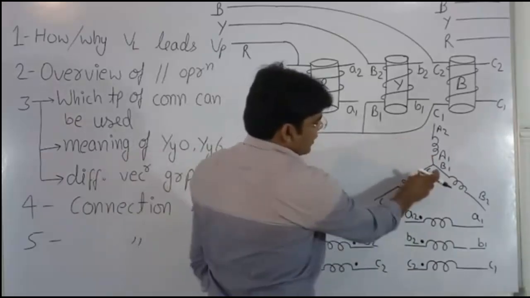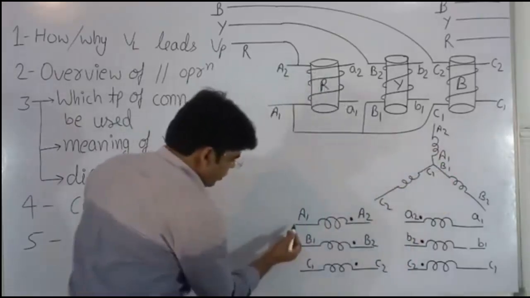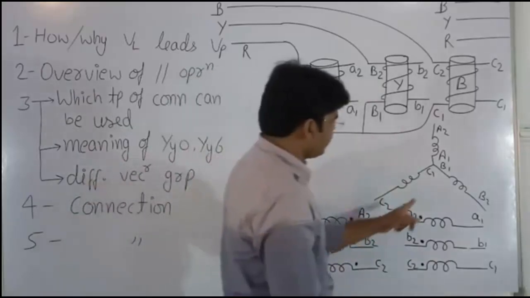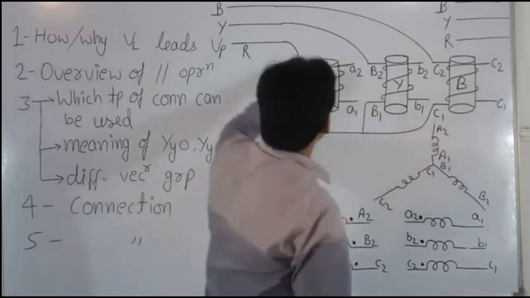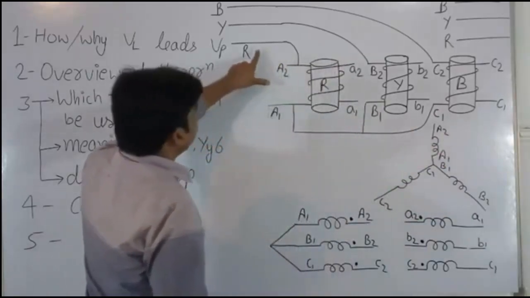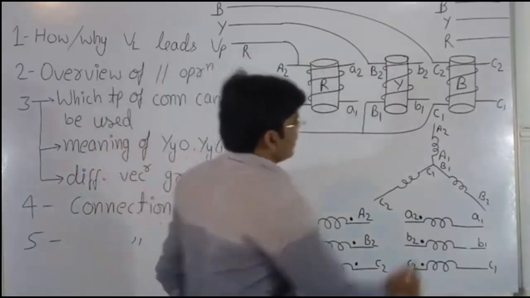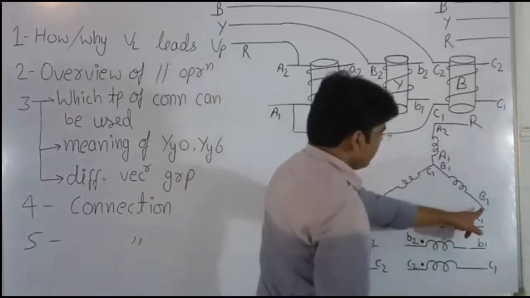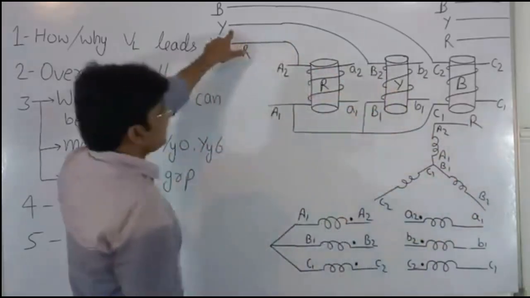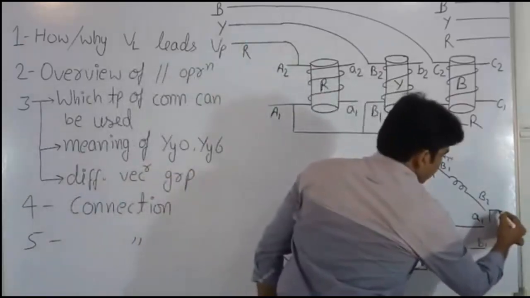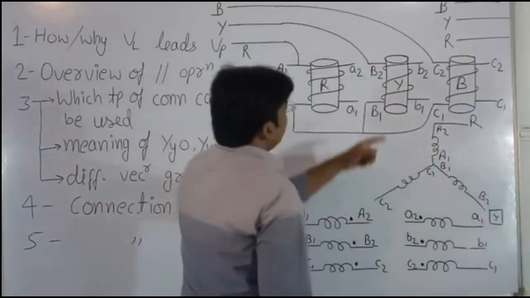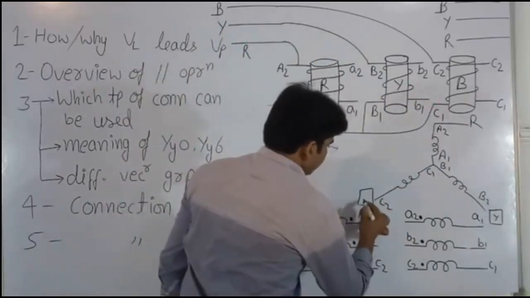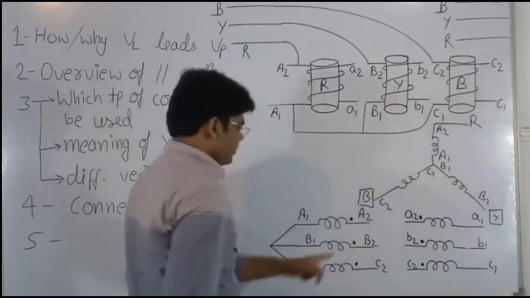A1, B1, C1 get connected to one point. So we will connect A1, B1 and C1 to one point, and from A2 line R is to be taken. From B2, line Y is to be taken, and line B from C2.